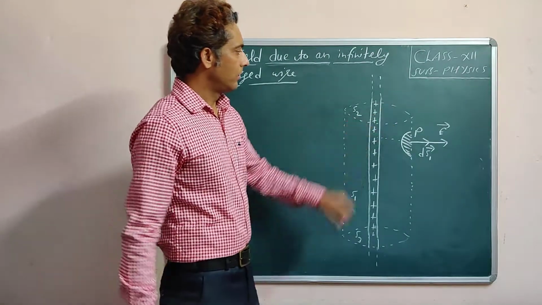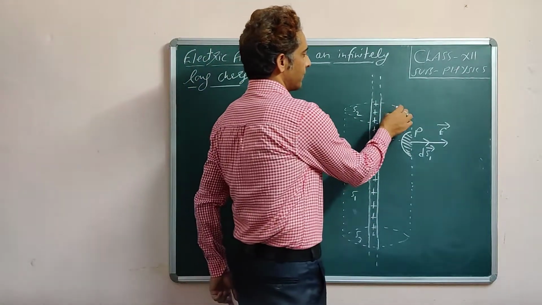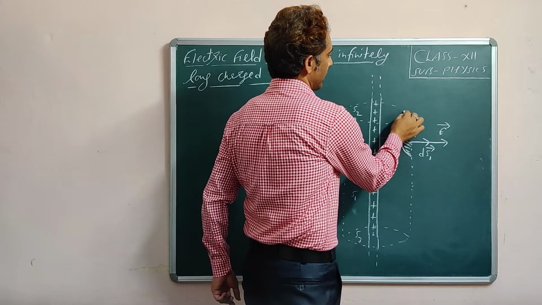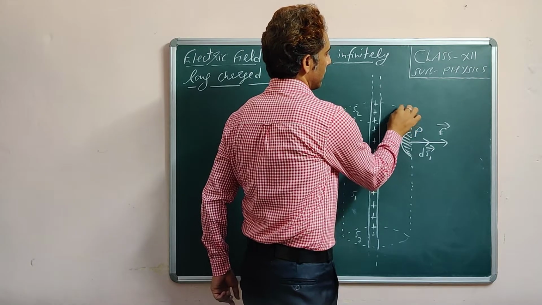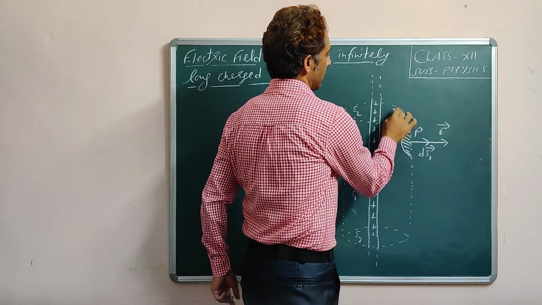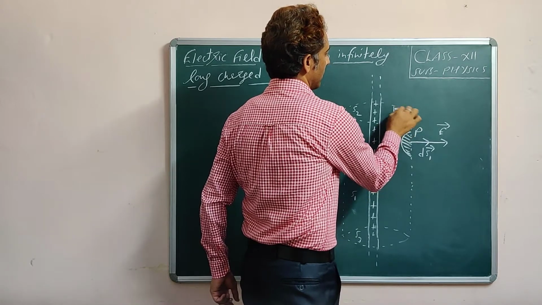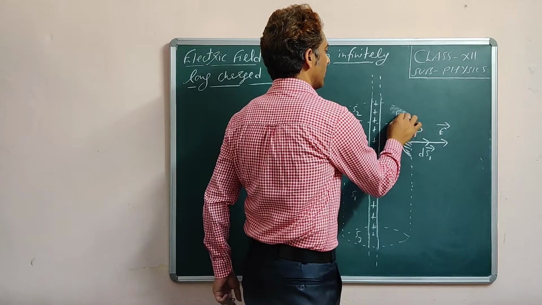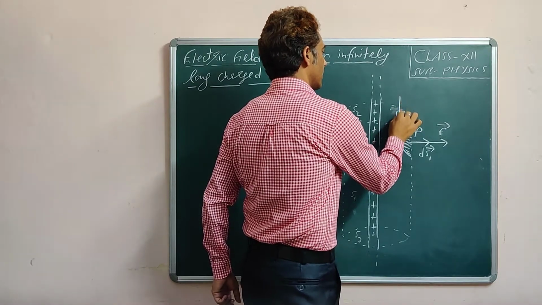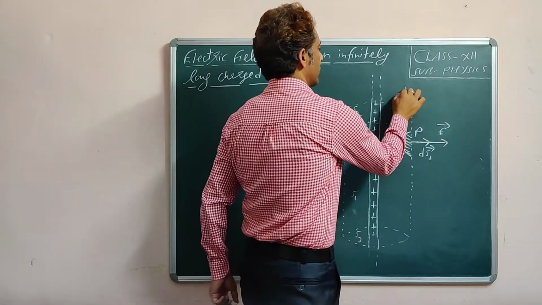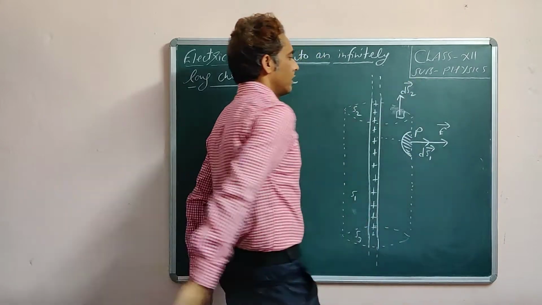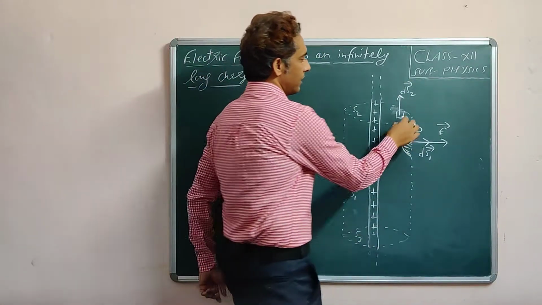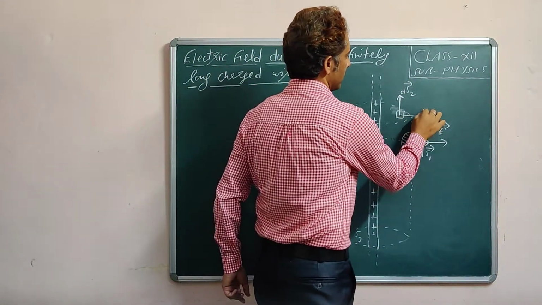If I draw area vector through this surface, this area vector will be in this direction, and electric field at this point is also outward.